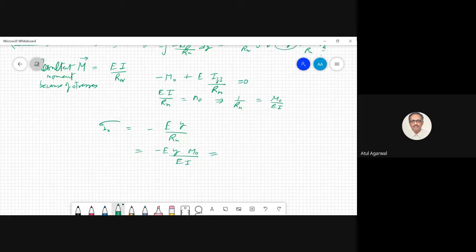So you get the expression for stress. E cancels out, while in the strain you will find there is an E. What is your epsilon xx? Minus y by Rn. So that becomes minus M naught y by EI.